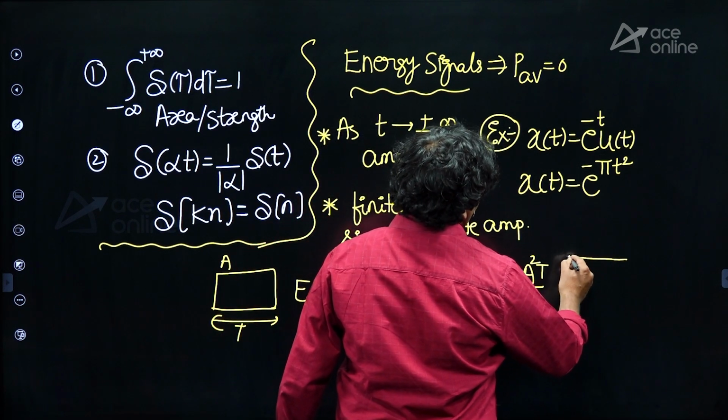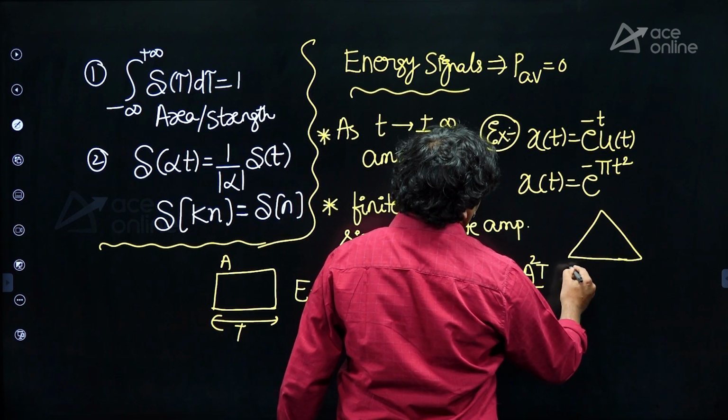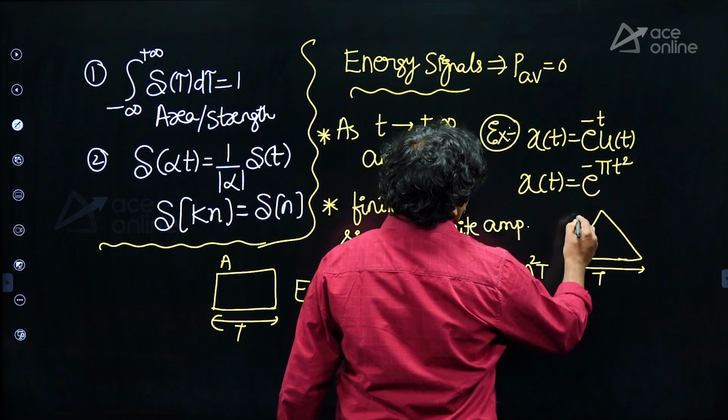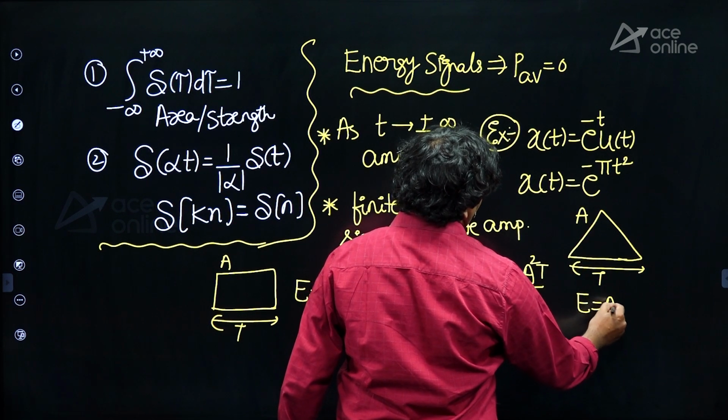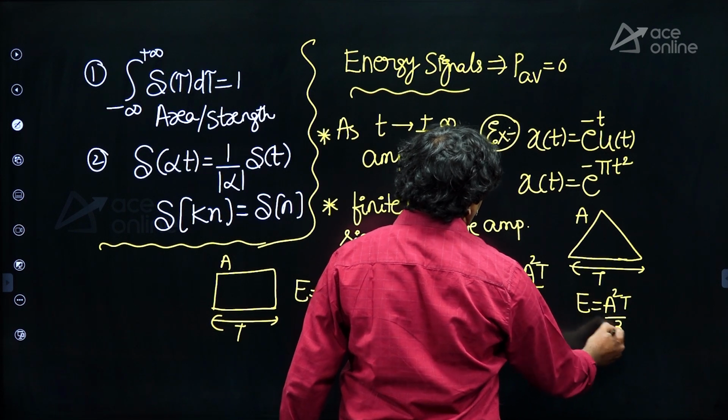When we choose a triangular pulse of width T, the energy is A squared T by 3.